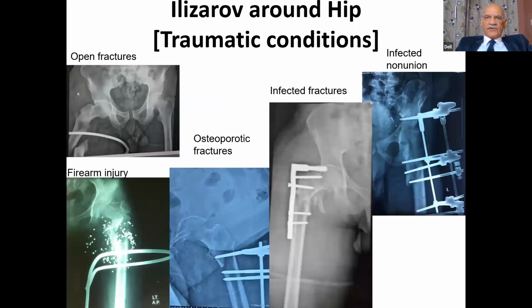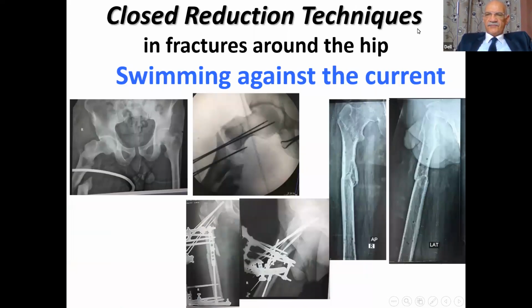For the traumatic conditions, the examples are open fractures, like this case, infected open fractures, firearm injuries, osteoporotic fractures, like this case, infected fractures after open reduction, and infected non-union.